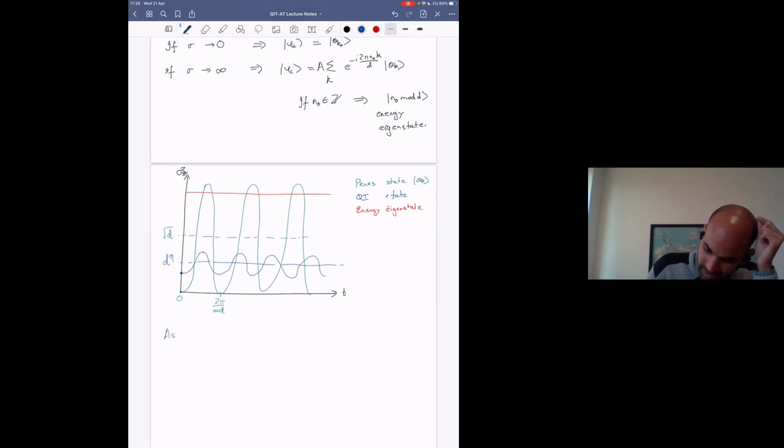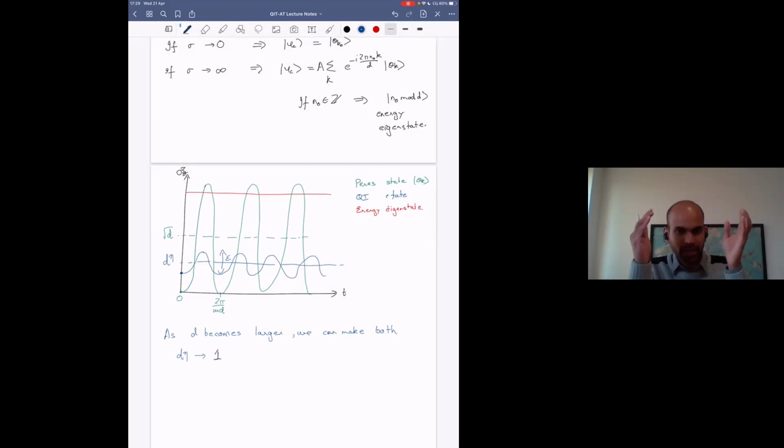And in fact, as d becomes larger, we can make both, so let's call this epsilon, the total width of the fluctuation, we can make both d to the eta tend to 1, meaning that it always looks like it's at a Peres state, or just between two Peres states, and all of the other coefficients are essentially very small, as well as epsilon going to 0.